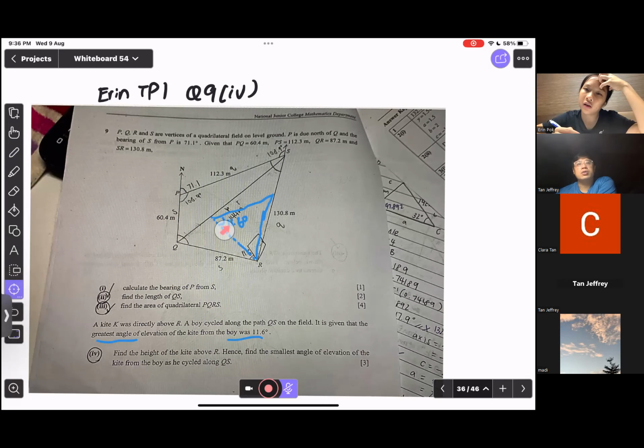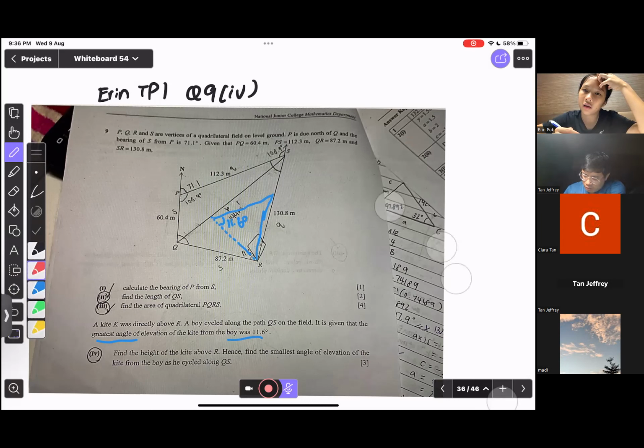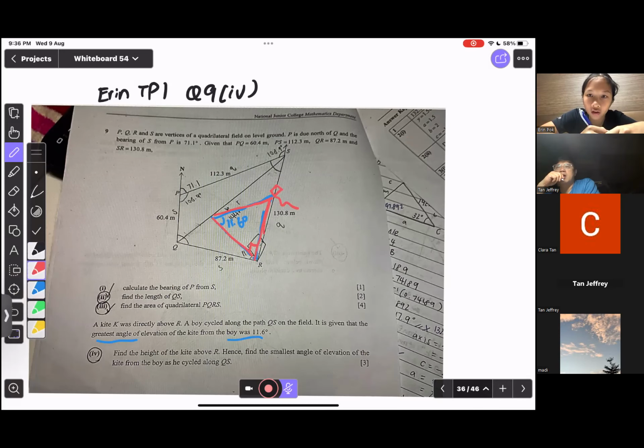How do you draw that now? Okay, so this is the kite, this is where the kite is. The kite is on top somewhere here. This is 90 degrees. It's a 3-dimensional diagram, like pointing outwards, like if you see my camera, pointing out like that. That's where the kite is.